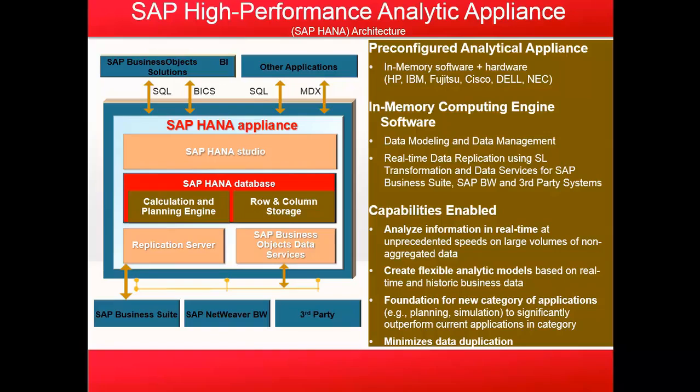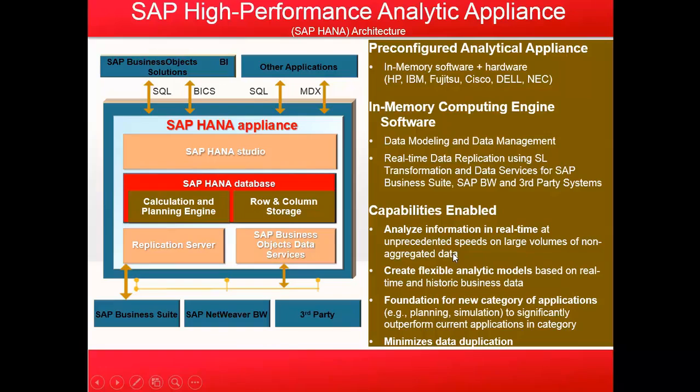Okay, the in-memory computing engine software basically has data modeling and data management features. Then we have real-time replication using SLT transformation, and we have Data Services. The capability which is enabled is mainly analyzing information in real time at unprecedented speed on large volumes of non-aggregated data.